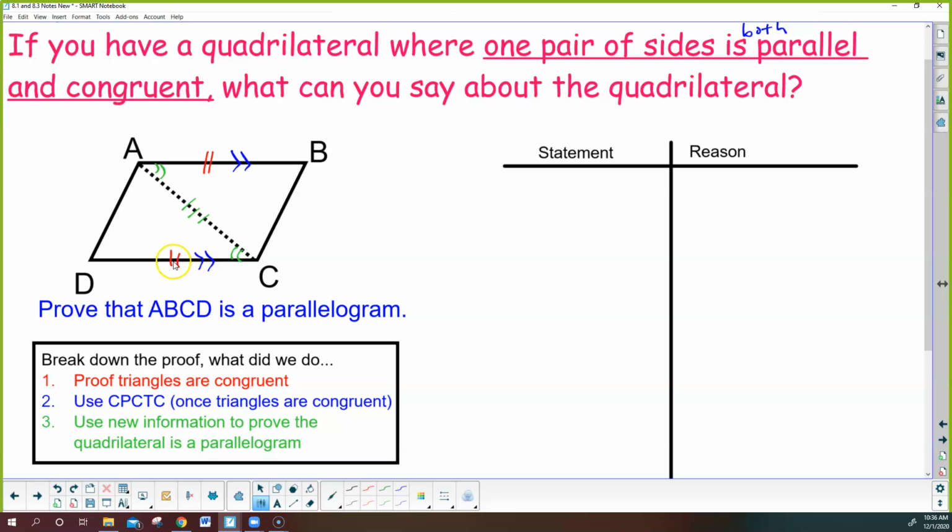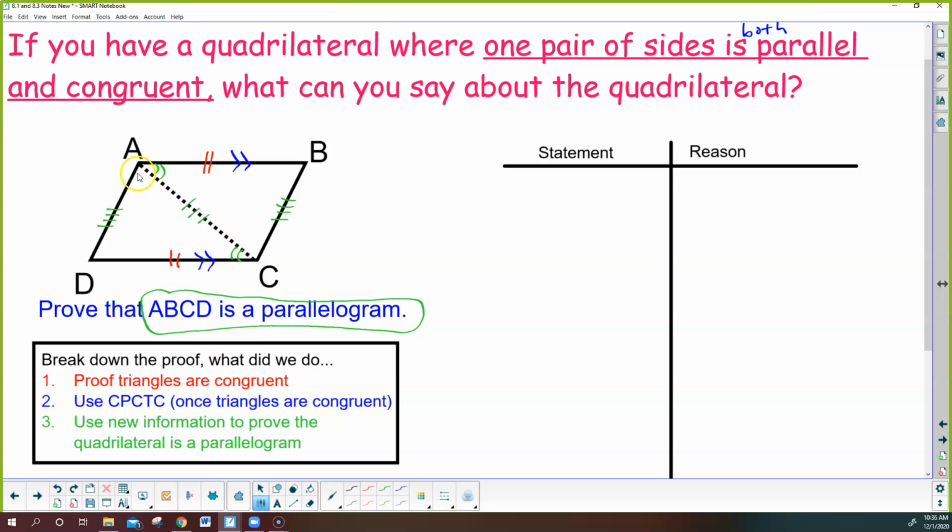Well, now side angle side proves that these two triangles are congruent, which means CPCTC will show us that opposite sides are also congruent. So because opposite sides are congruent, it's a parallelogram.